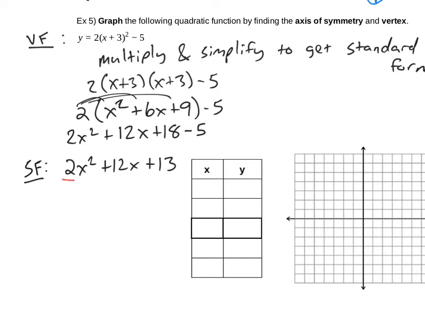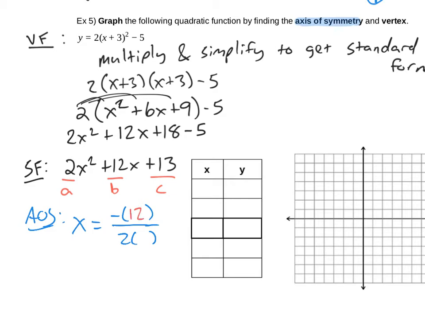We can identify A, B, and C. So A is 2, B is 12, and C is 13. That's important because now we're going to find the AOS, our axis of symmetry. So AOS, x equals negative B over 2 times A. What's my B value? 12.